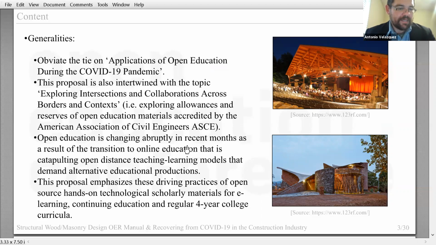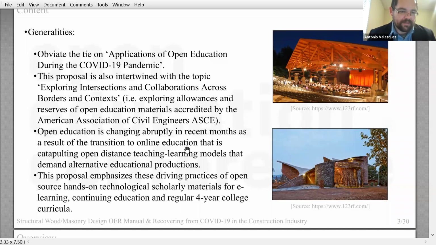The proposal also emphasizes driving practices toward open source, hands-on technological scholarly materials, and to reinforce and prop up the college engineering curricula that my colleague and I are working on.